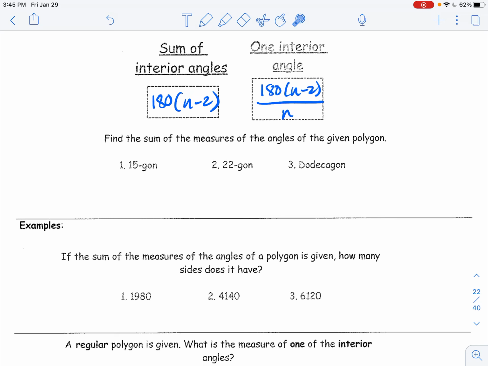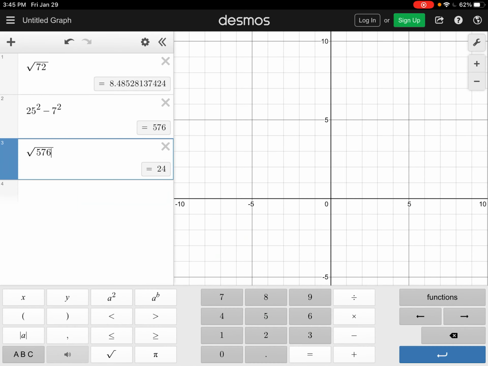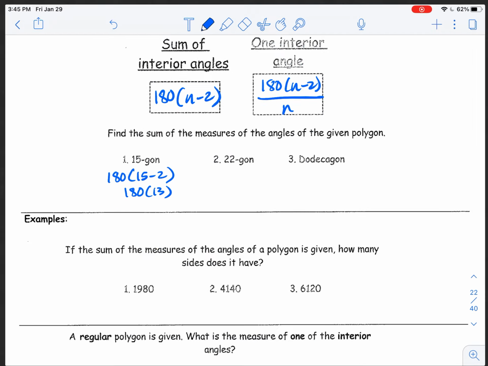So in a 15-gon, and after the dodecagon, we just call them by the number, so 15-gon, 16-gon, 22-gon, whatever. If we have a 15-gon and we want to find the sum of the measure of the angles, that would just be 180 times 15 minus 2. And if we take that to Desmos, that's 180 times 13. I'm not going to do that in my head. 180 times 13 is 2340.